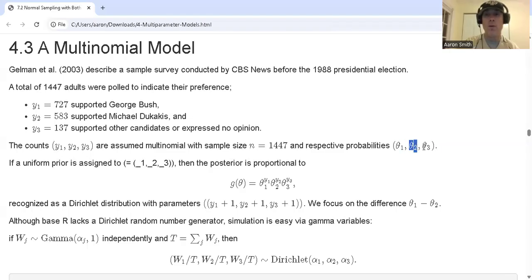Each of these thetas is a probability between 0 and 1, and the whole thing is a probability vector. The probability of getting exactly these three counts is the respective probability to the power of its count. How would I actually get this? I walk up to the first person and ask them, and I put a 1 as the exponent on the probability of the candidate they go for, and a 0 on all the other candidates.